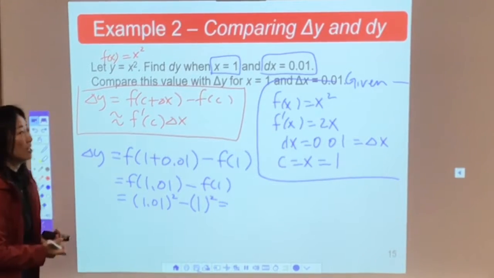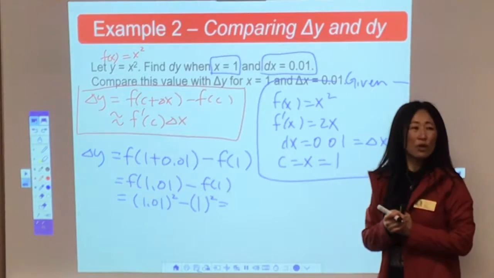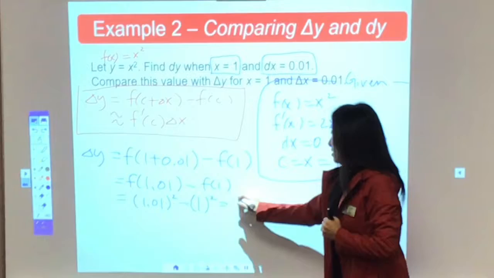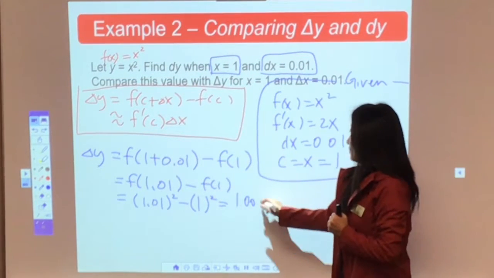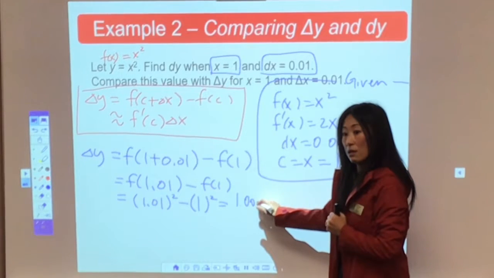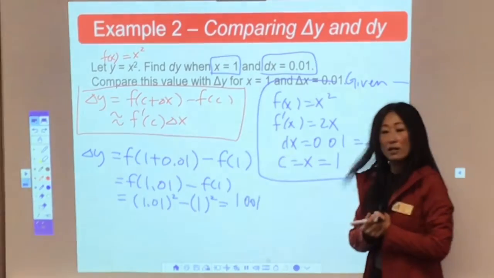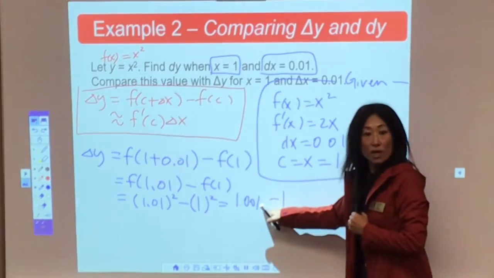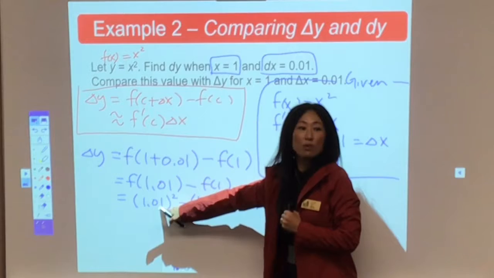So plug in your calculator, what does it give you? The difference is what then? 1.01 squared would be 1.001? Is that what it is? Hold on. 0.1 times 0.1 gives you what? 0.01? Is that right? Square this one, 1.01 times 1.01.